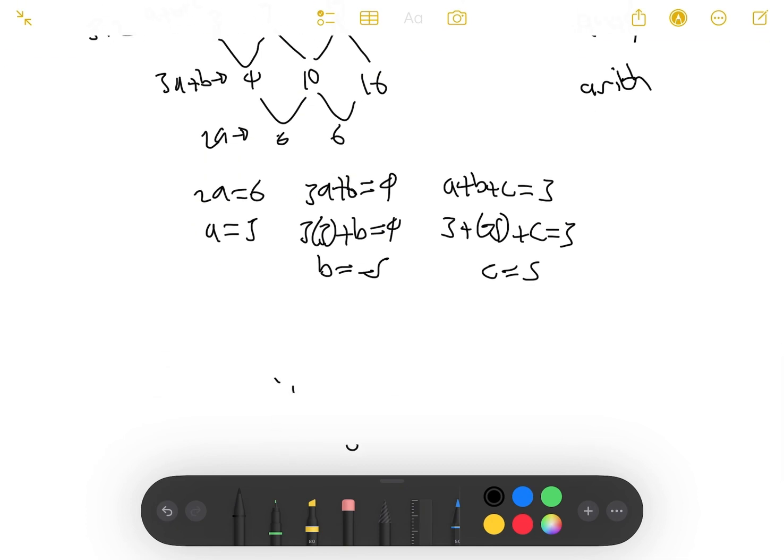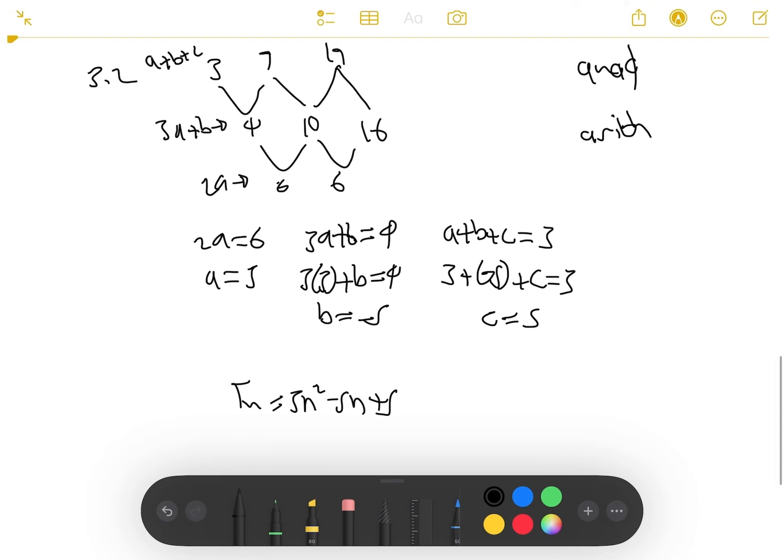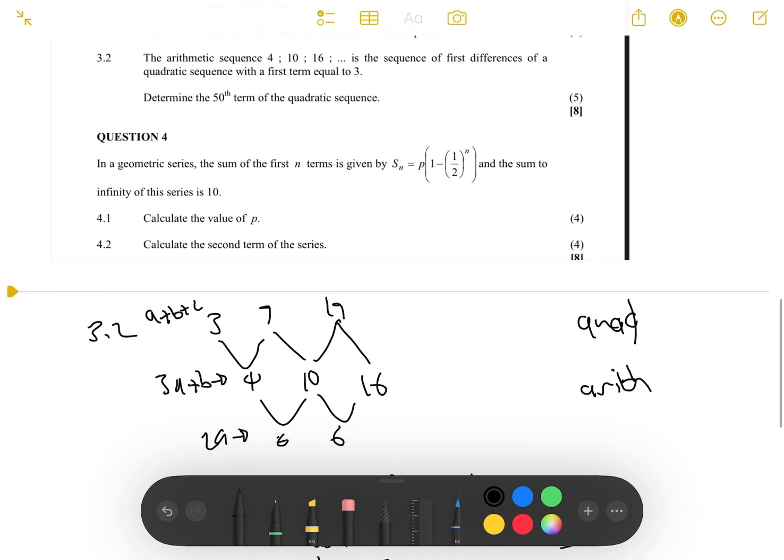And then from this, therefore our Tn is equals to 3n squared minus 5n and then plus 5. You can substitute the first term to see if the formula is correct or not. Okay, and then the question was asking for what? Determine the 50th term.